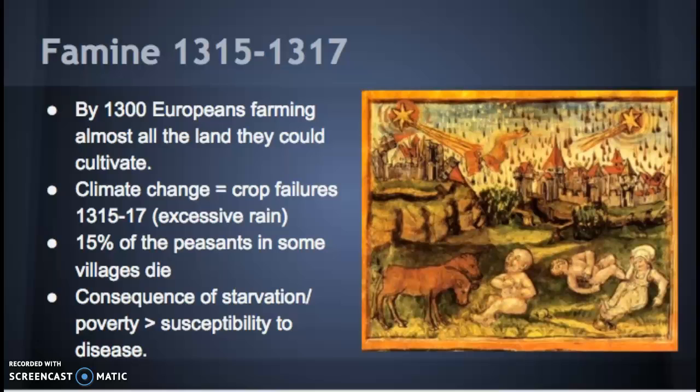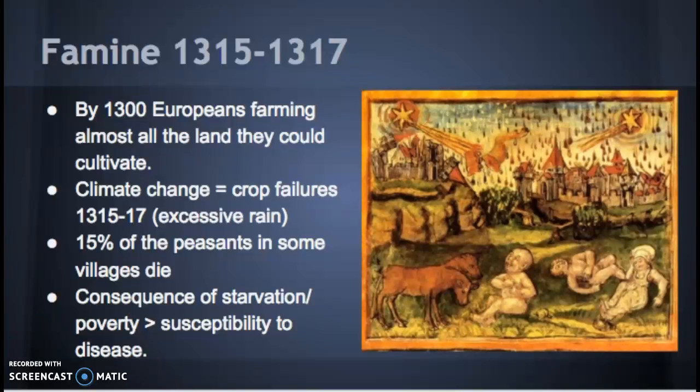One of the reasons that the plague is able to take over so quickly and so easily is that there's a famine about 30 years earlier. The Europeans, with that manorial system, through village life, through peasants and serfs, were using the vast majority of the land that was able to be cultivated at the time.